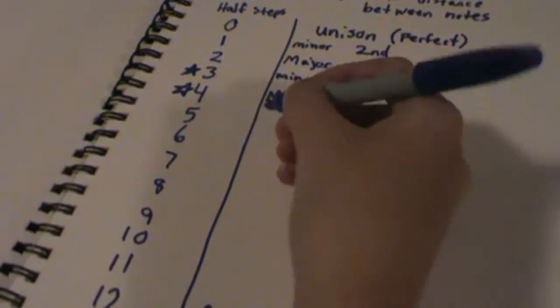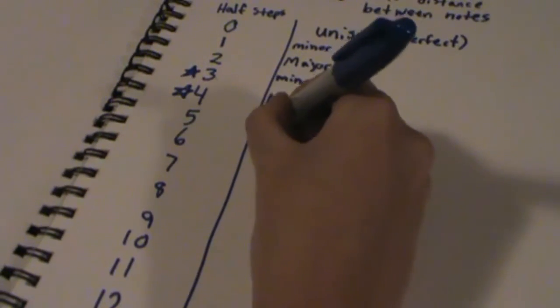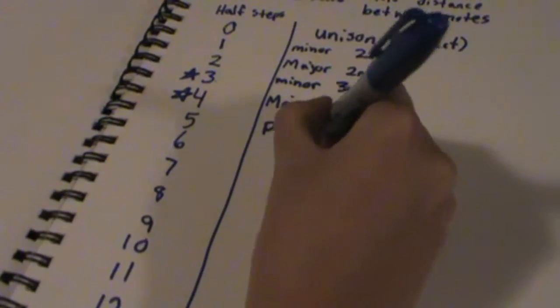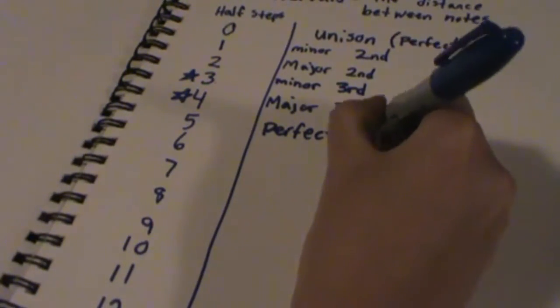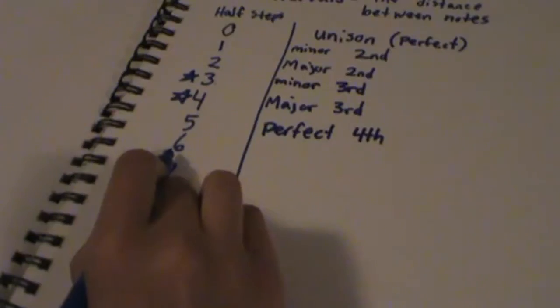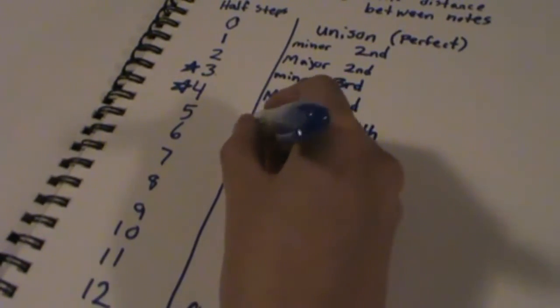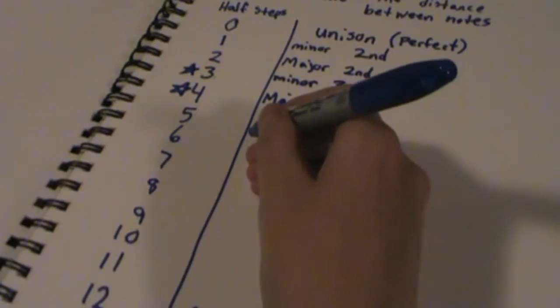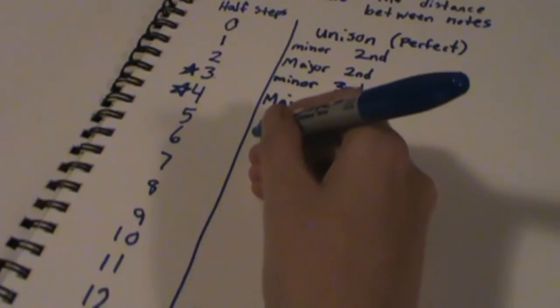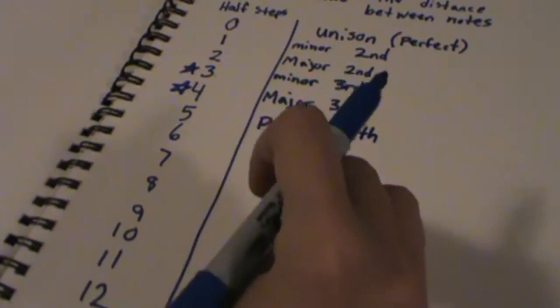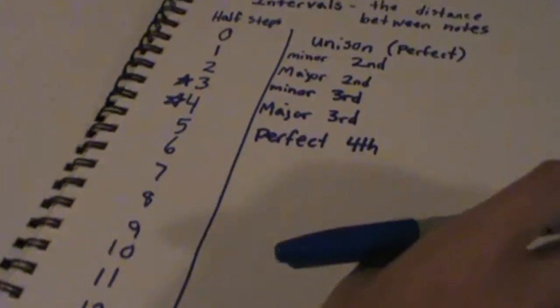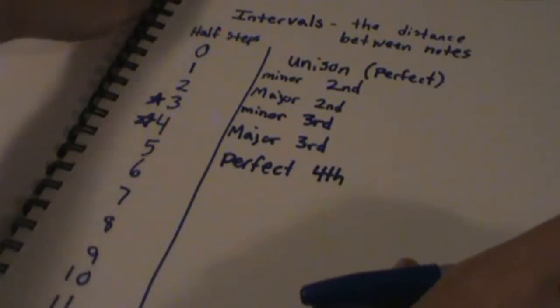And this 5 half steps apart is a perfect interval, and they call it a perfect fourth. This one is what they call a tritone, or an augmented fourth, or diminished fifth. It's also sometimes referred to non-academically as the devil's interval.